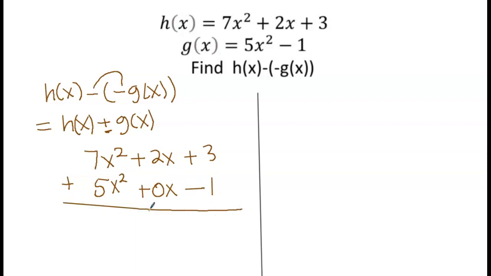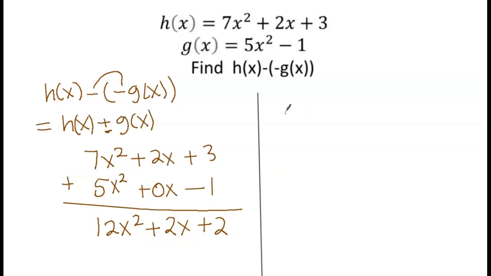You underline it. 7 plus 5 will give you 12x squared. Here 2 plus 0 will give you 2x. And then 3 plus minus 1, the minus will take precedence, and that will give you plus 2. So you can do it that way, and that becomes the answer.